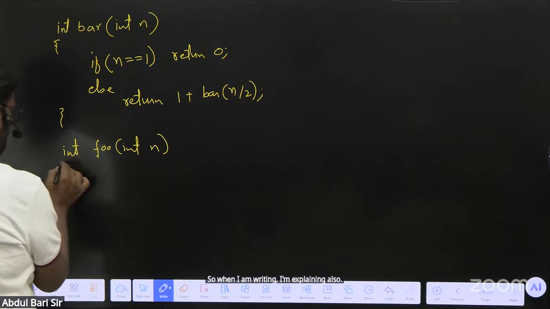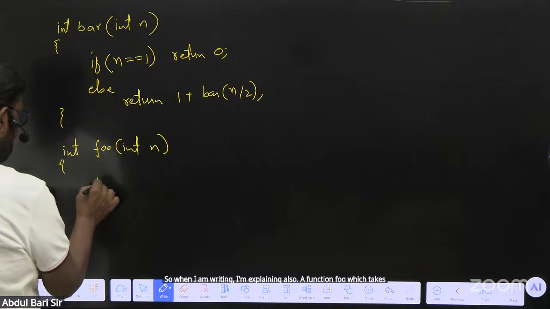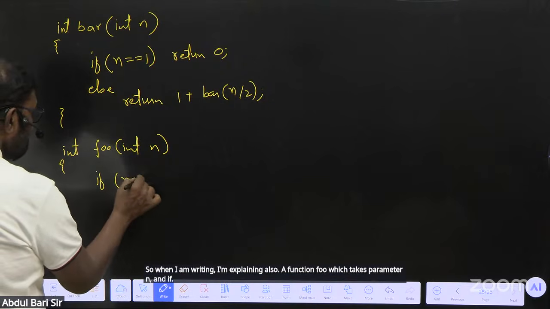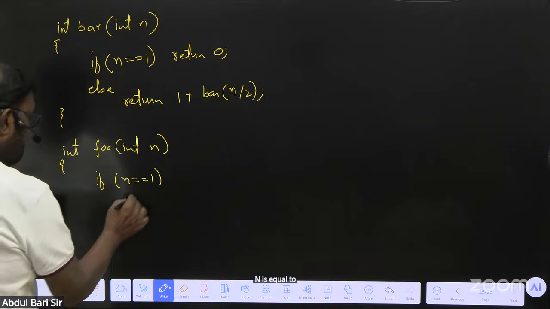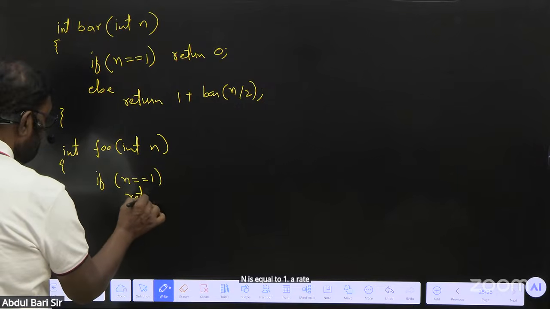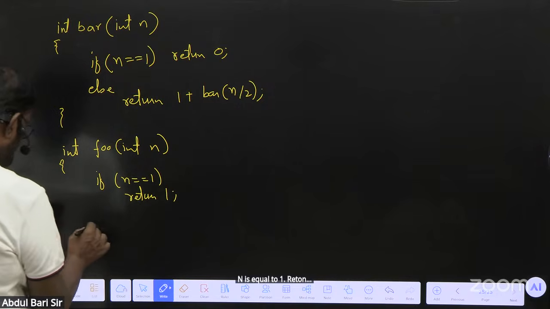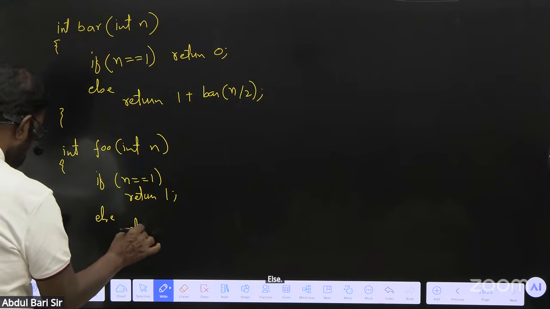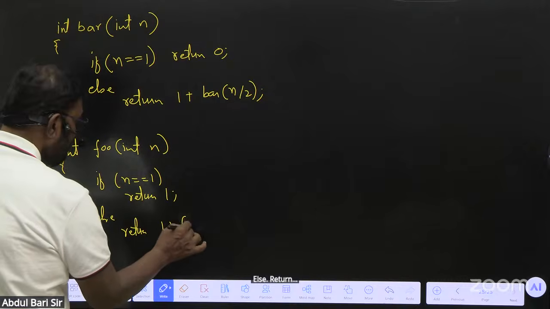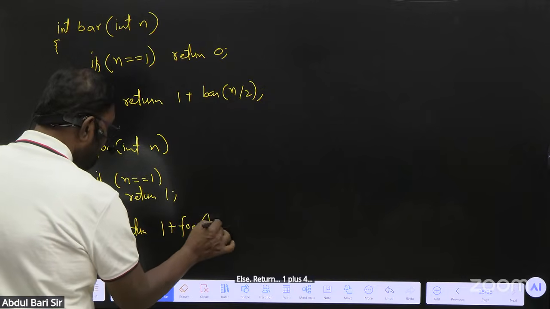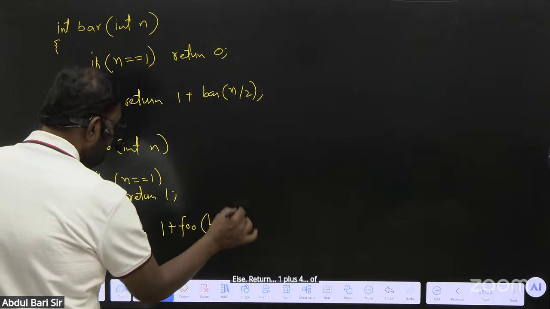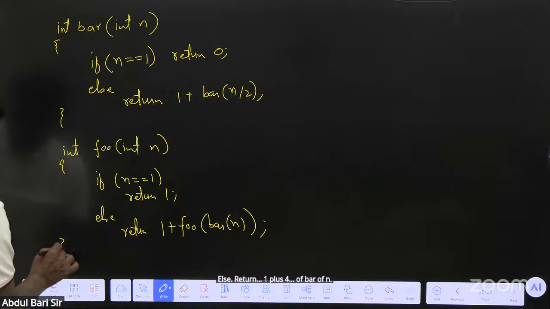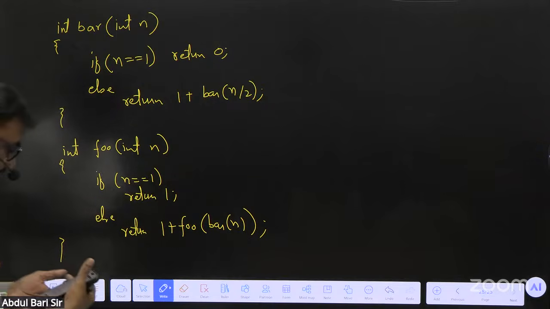A function foo which takes parameter n, and if n is equal to 1, return 1, else return 1 plus foo of bar of n. This is the question.